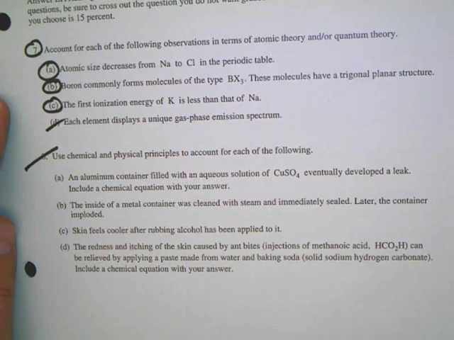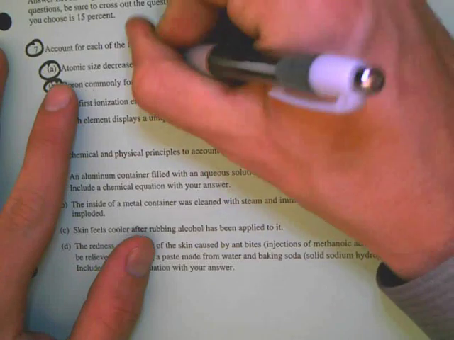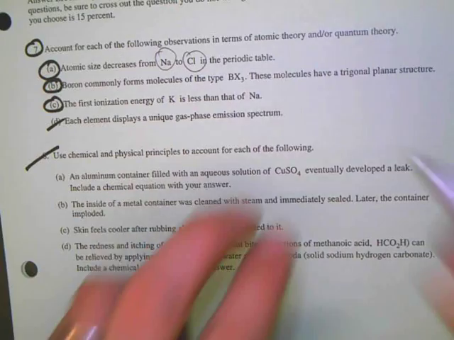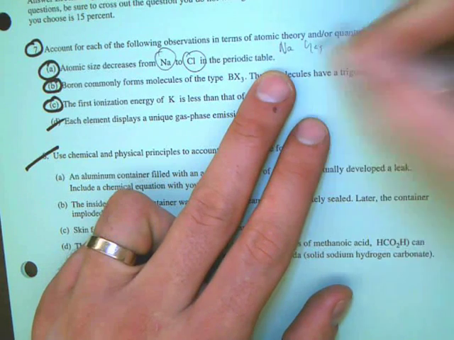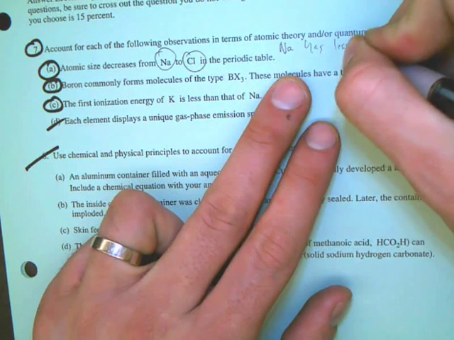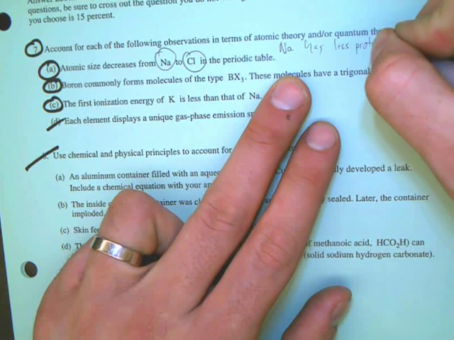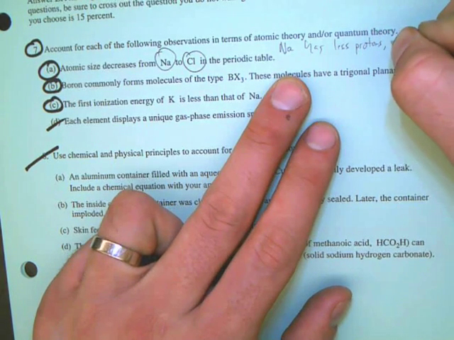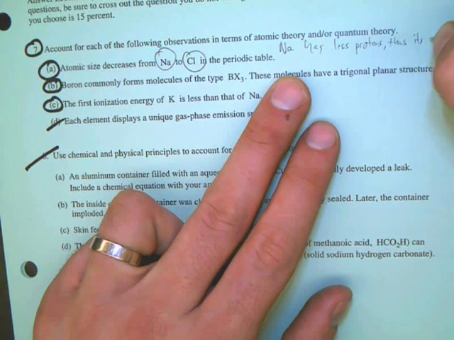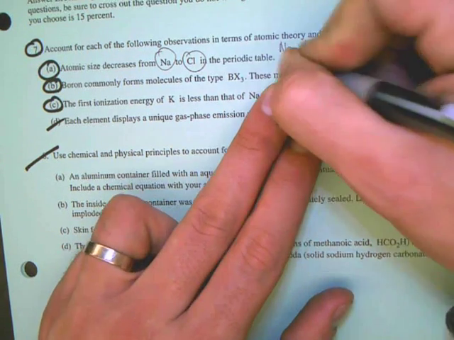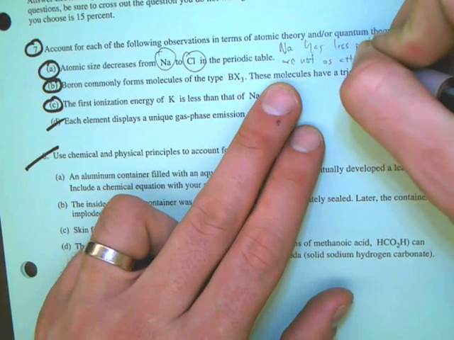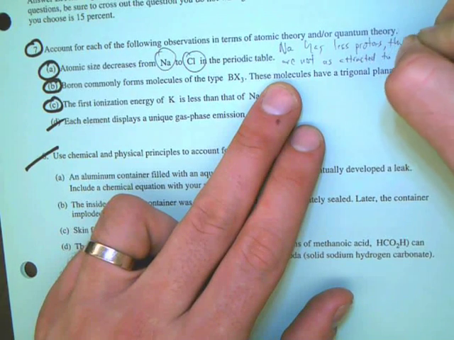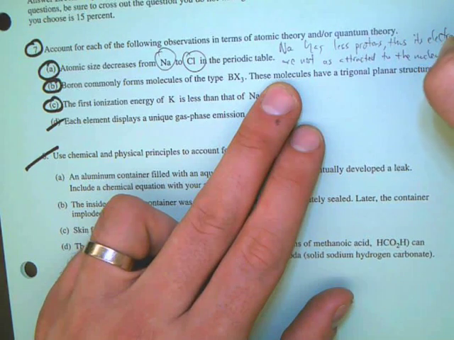So the first question, number 7, says, account for each of the following observations. Atomic size decreases from Na to Cl. So what's going on here is Na has fewer protons, thus its electrons are not as attracted to the nucleus.